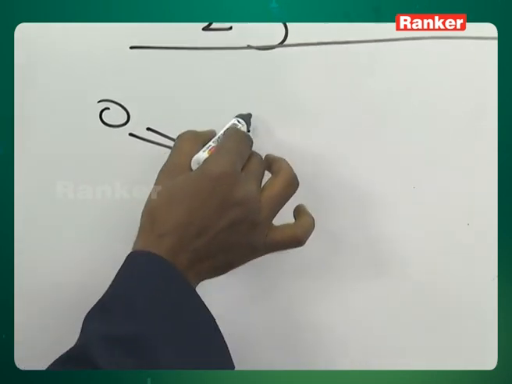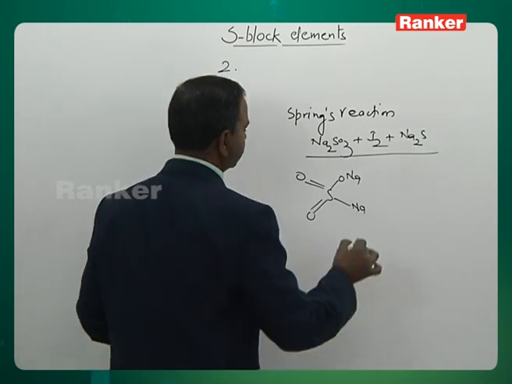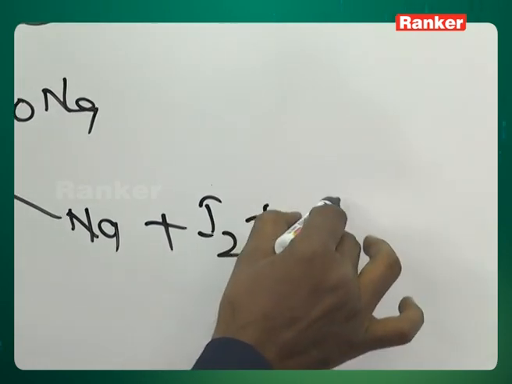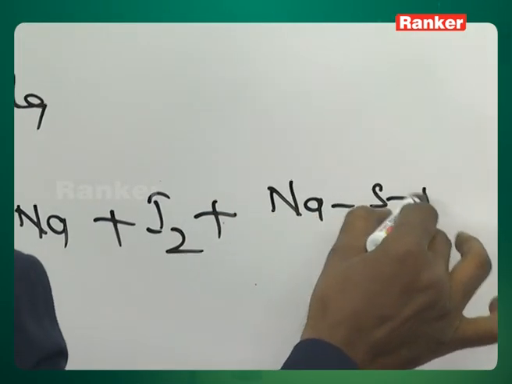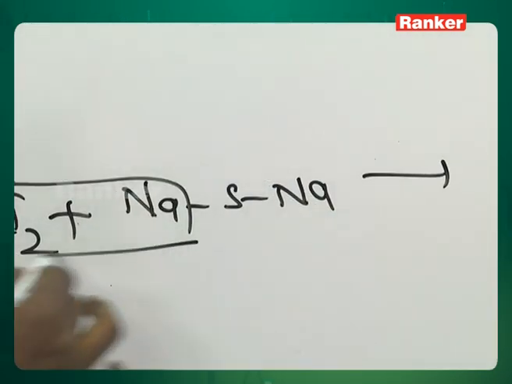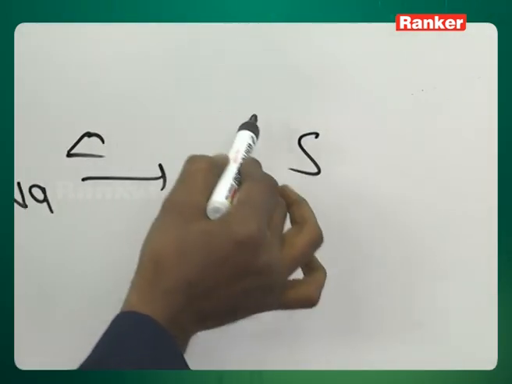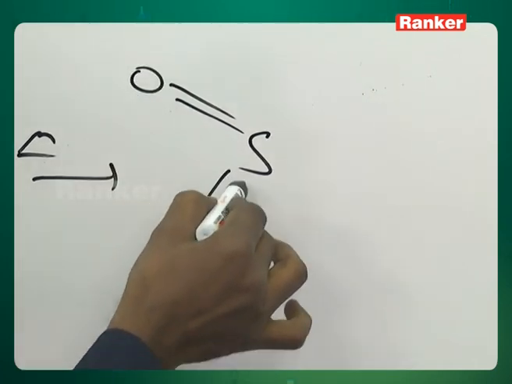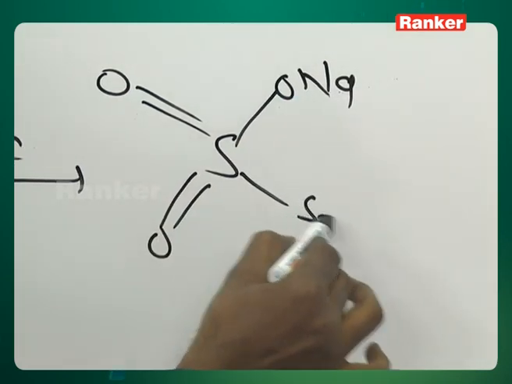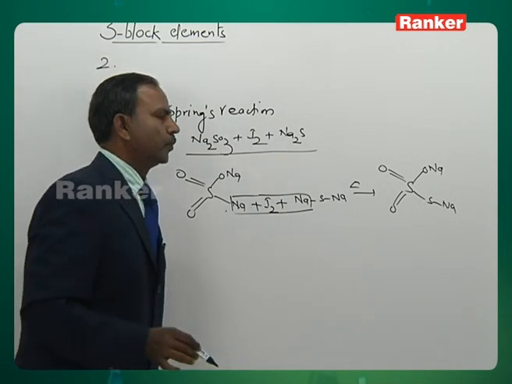Na2SO3 plus I2 plus Na2S, on heating, gives 2NaI and Na2S2O3.